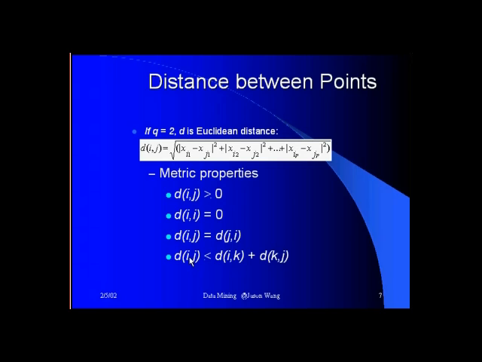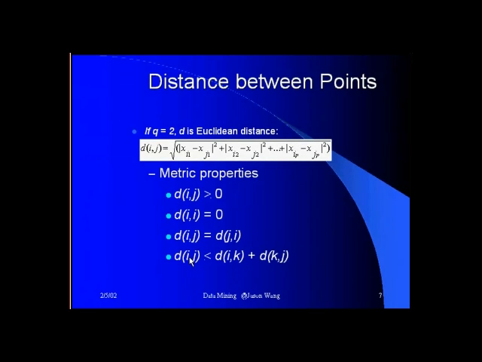So the problem is the following. You have a database of objects, and you have a new object. The naive algorithm will calculate the distance between this object and every object in the database to find the nearest neighbor. Now, our algorithm pre-calculates some pairwise distances between the objects in the database and pre-stores them.